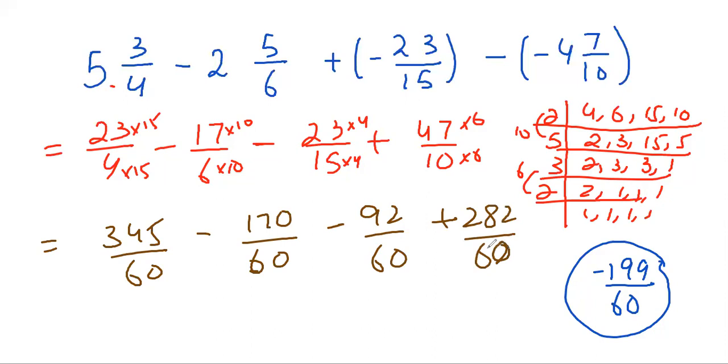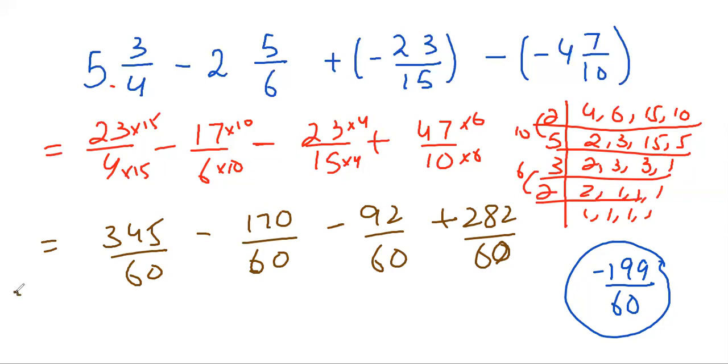Okay, all the answers till now are correct. Now because there is 60 all over in the denominator, all we need to do is subtract 170 from 345, subtract 92 and then add 282.